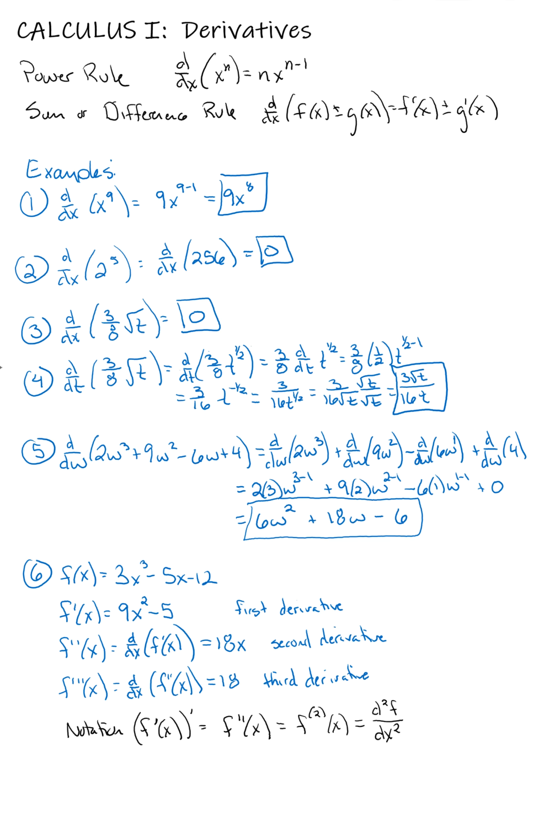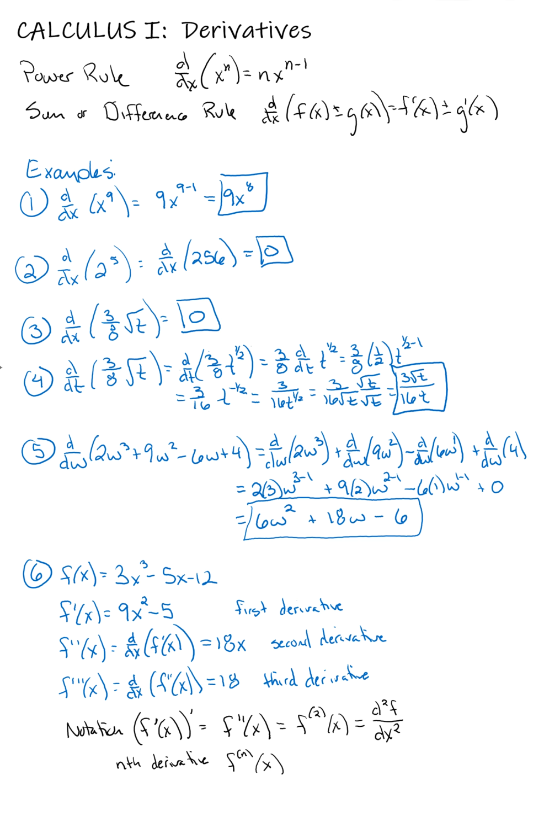And actually after the third derivative notation, we stop using the hash marks and we start using this little superscript in parentheses. So in general, if I want the nth derivative, so if I want the fourth or the fifth or the sixth derivative, then we'll use this, whatever number it is, 4, 5, 6, on and on.